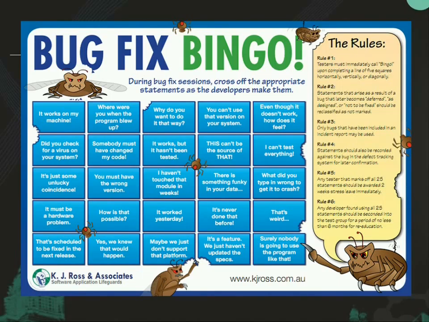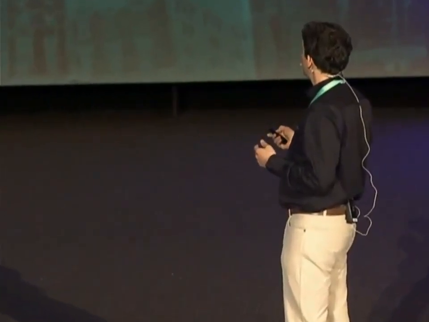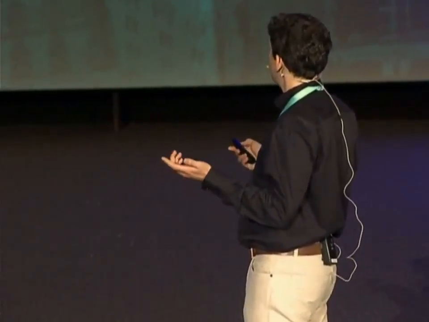So we've seen already the statement, it works on my machine, but you can find some other funny statements like, you must have the wrong version, it worked yesterday, there's something funky in your data, but you type in wrong to get it to crash. So you see, it's fun to play. But there must be something wrong with the professional collaboration between testers and developers if they play games like this.